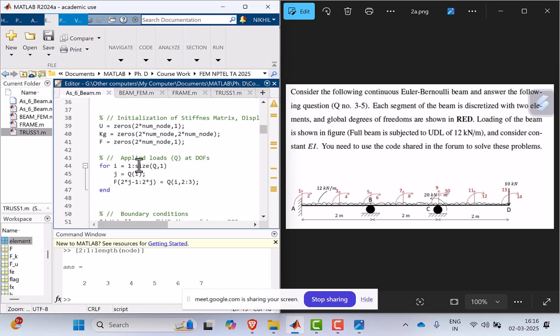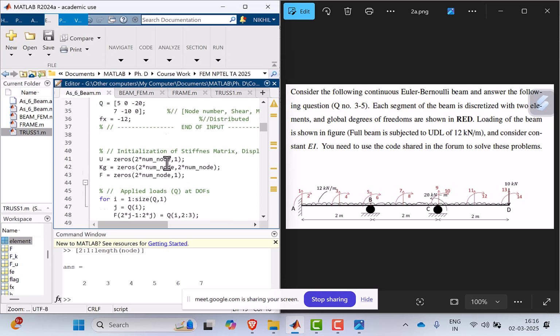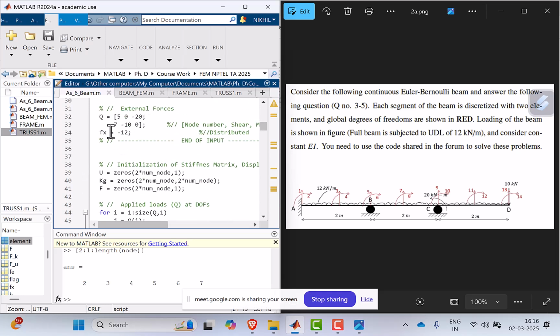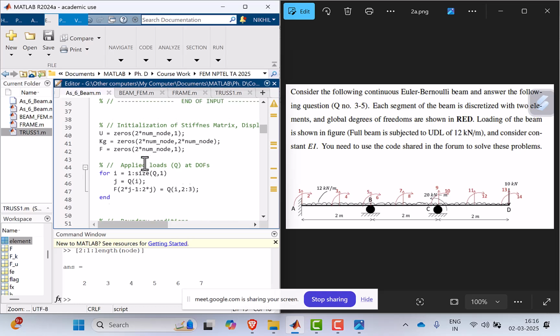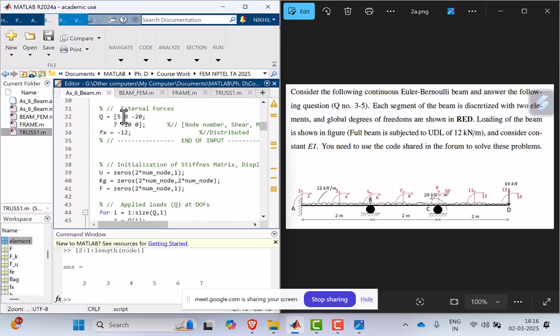The next section discusses how to put the applied loads at the degrees of freedom. We have defined the external forces and how they are distributed, but till now we have distributed them on the basis of nodes.